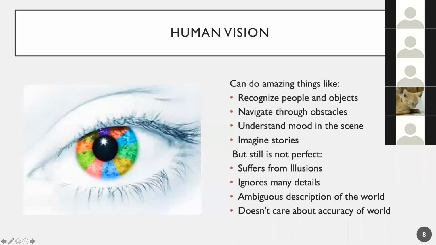We can walk through the roads and avoid all the obstacles. We can understand the mood of people as well. Do you understand how I feel now? I'm sure you do. And you can imagine stories. You have seen a picture inside your brain. So it's really amazing. But it's not perfect.